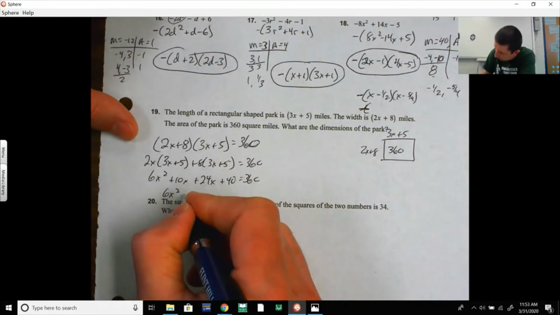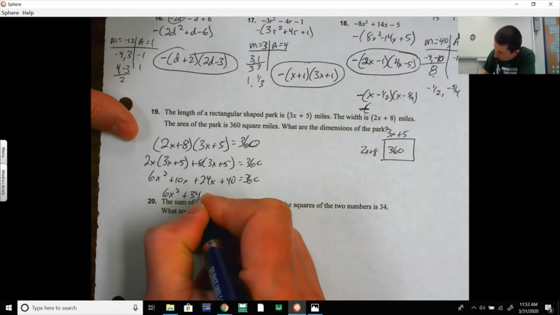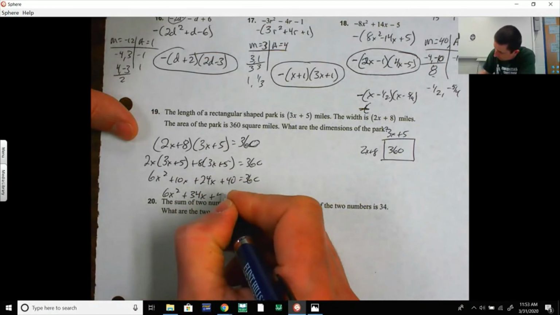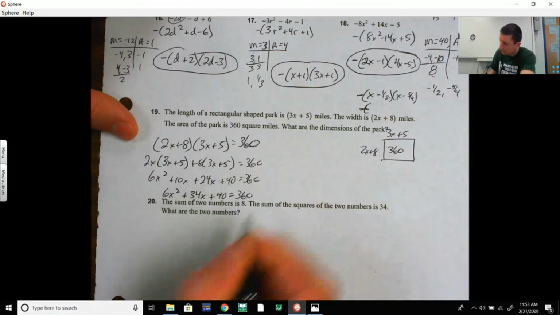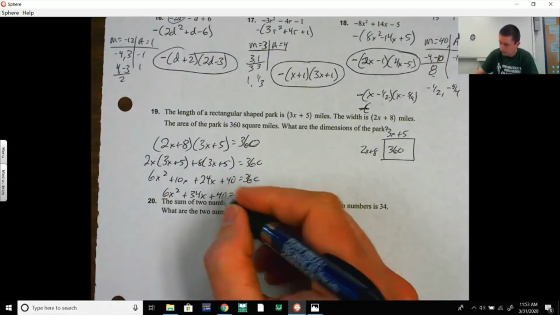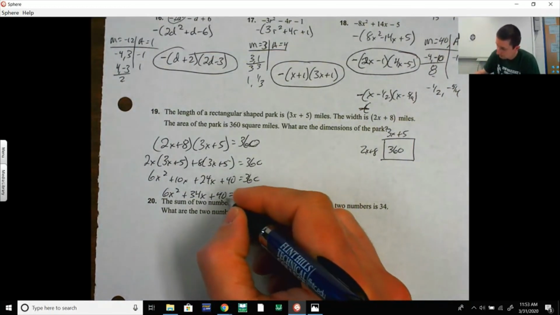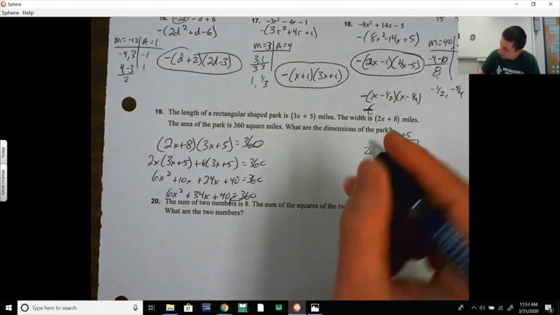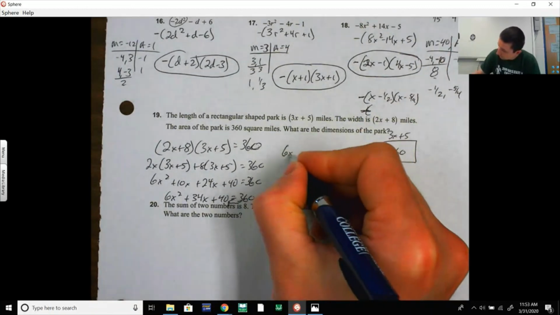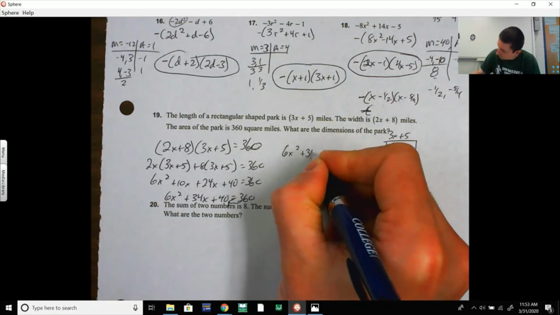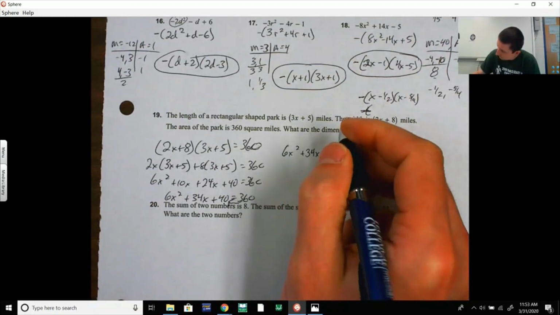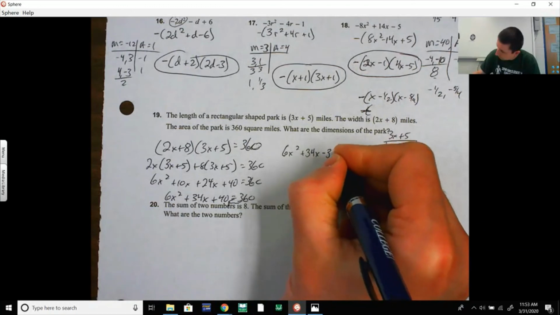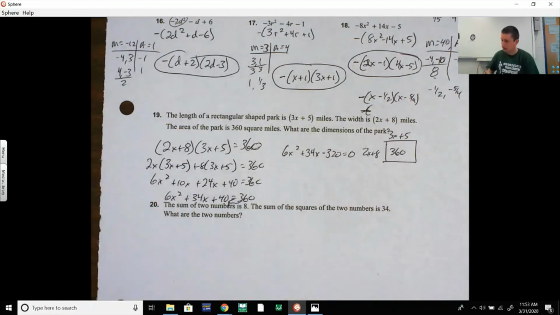So 6x squared plus 34x plus 40 equals 360. So now minus the 360 over from the 40. That'd be negative 320. So 6x squared plus 34x minus 320 equals 0. Now we're equaling to 0.